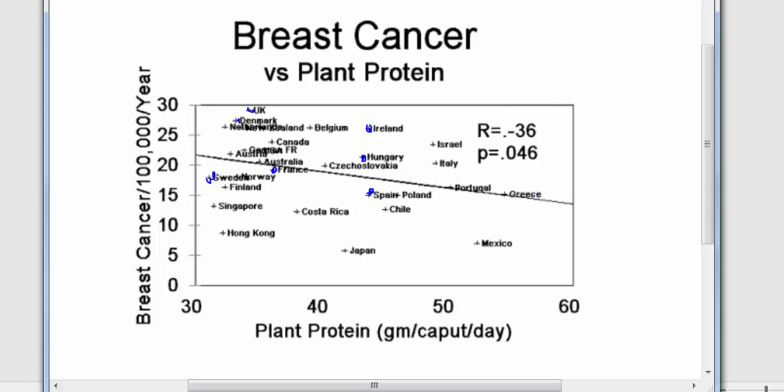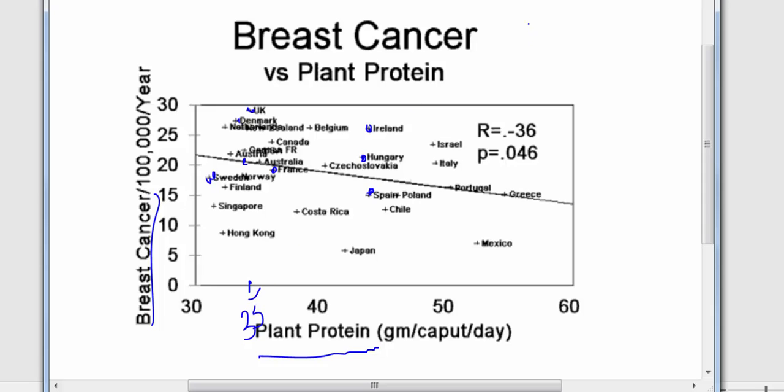Here we have the trend line, this line that's going through. We'll notice that plant protein is on the independent axis, and breast cancer is on the y-axis. We can pick a couple of points. Let's say we have this one, which is 20, and then let's say this is 35.